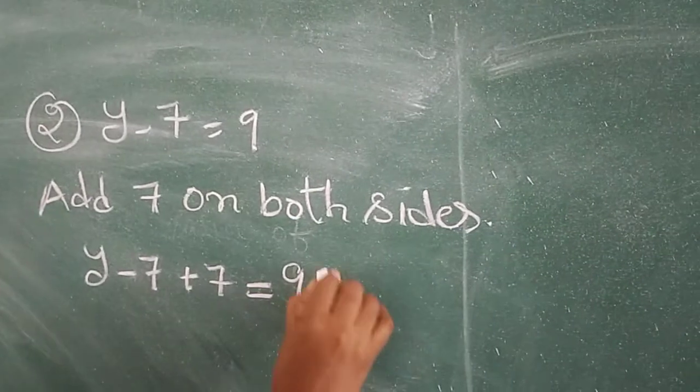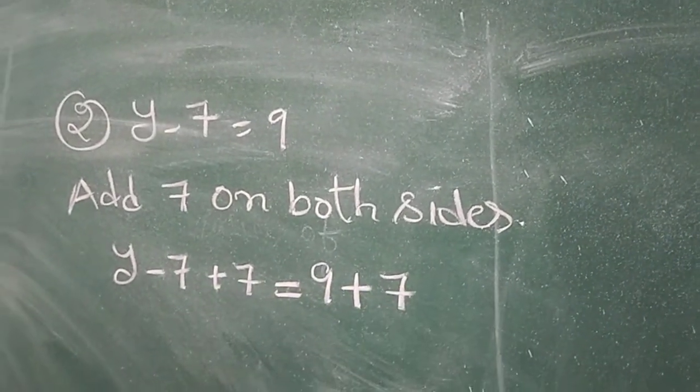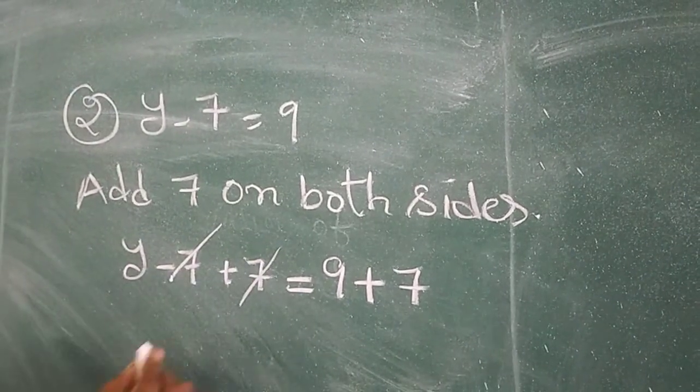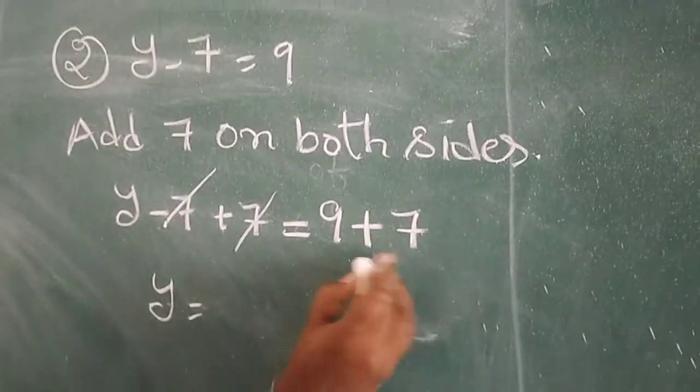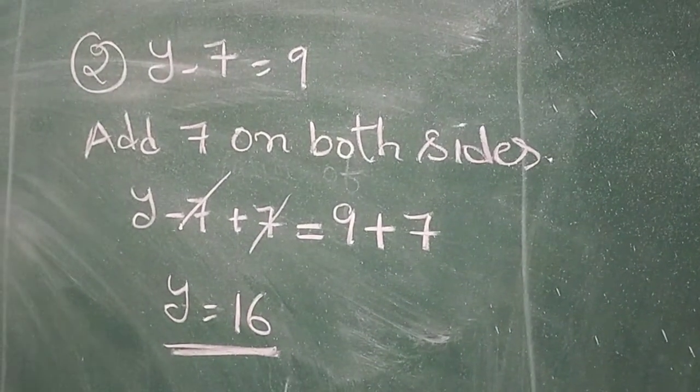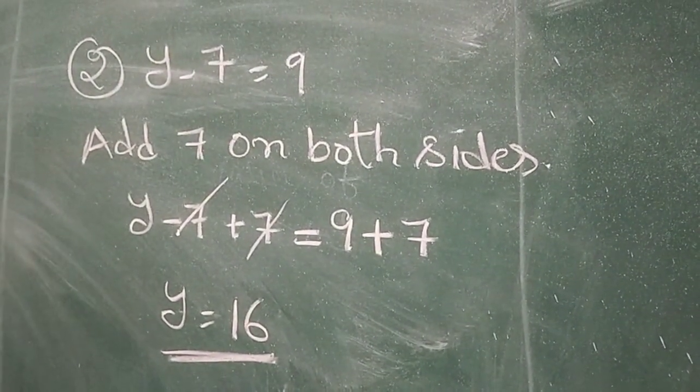In RHS, 9 plus 7. Plus 7 minus 7 cancel. y is equal to 9 plus 7, that is 16. The value of y is equal to 16.